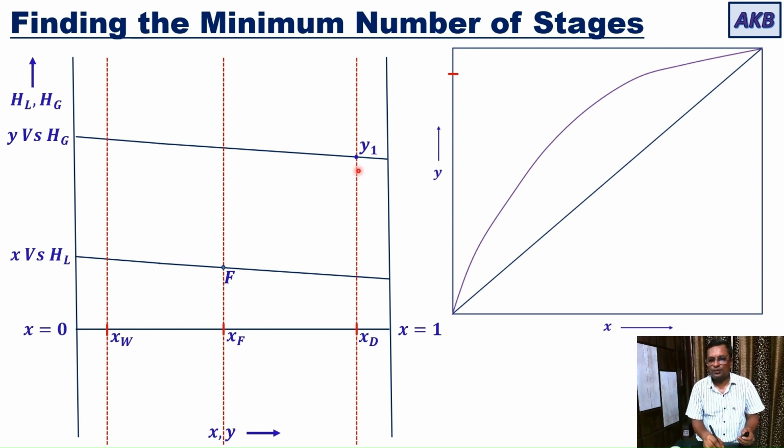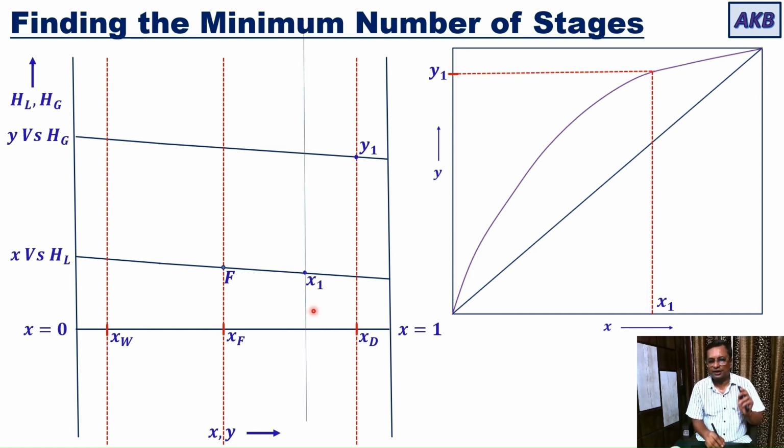So again, start with Y1, locate this Y1, go to the equilibrium curve, find out the corresponding X1, and locate that X1. Now, when you are going to find the minimum number of stages, you just have to draw a vertical line through X1.